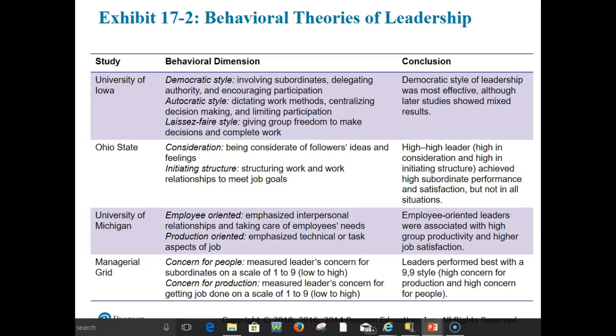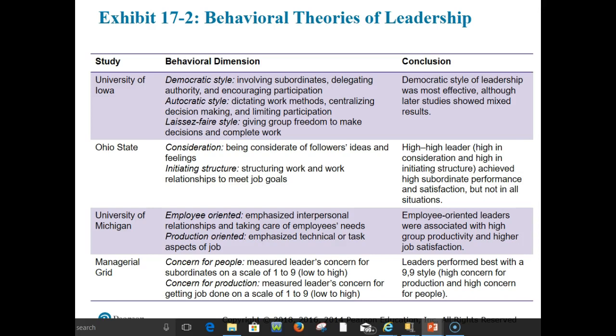And then we had the University of Michigan study, and that entailed employee-oriented, which emphasized interpersonal relationships and taking care of employees' needs. And then there was, of course, production-oriented, that emphasized technical or task aspects of the job. The findings were employee-oriented leaders were associated with high group productivity and higher job satisfaction.